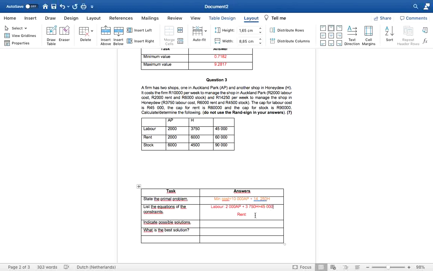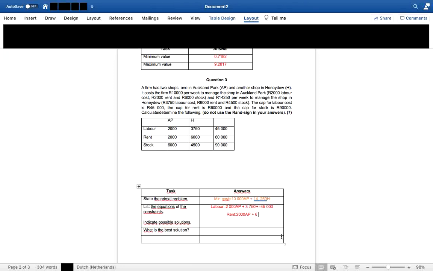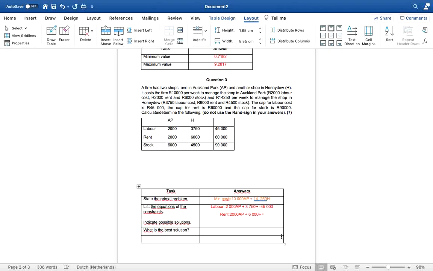That's the max that we have for labor. Remember, then rent is gonna be 2000 AP plus 6000 H, which is equal to 60,000.